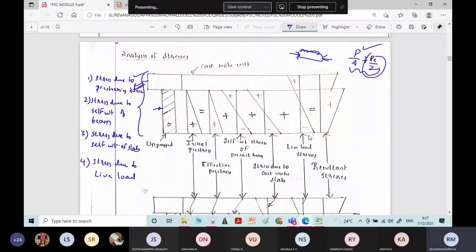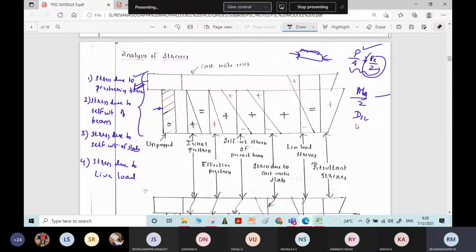Then next is stress due to self weight of the beam. Self weight of the beam you can find knowing the density of the concrete. Knowing the moment of inertia, M by Z, if you do that, you will get stress due to the self weight of the beam. Then stress due to self weight of the slab. You can find the dead load of the slab because the dimension of the slab is given and the density of the concrete is known.